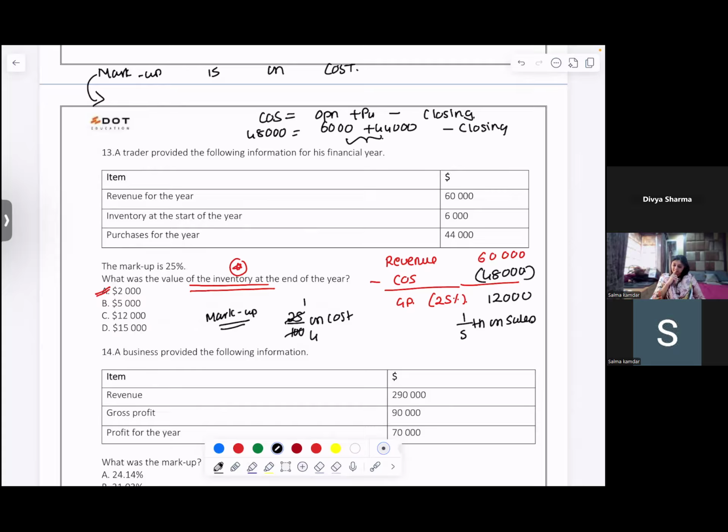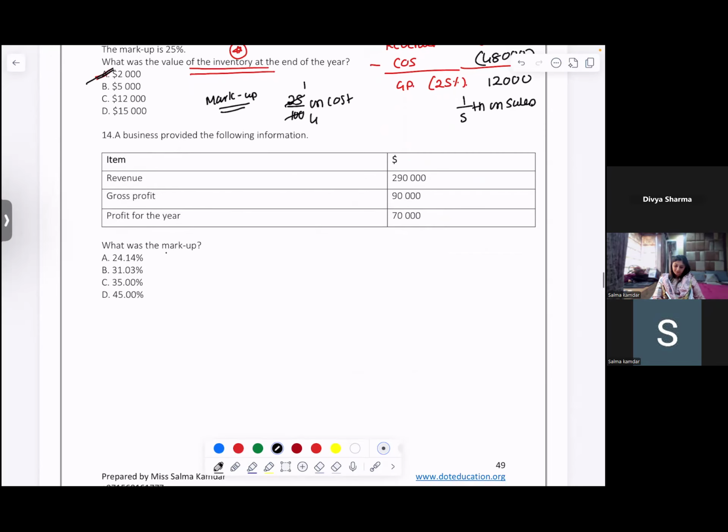So it is 6,000 plus 44,000 minus 48,000. So closing inventory is 2,000. Okay, lovely. Next one, markup.